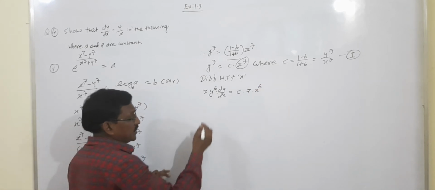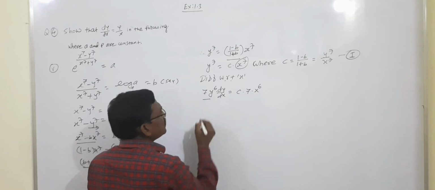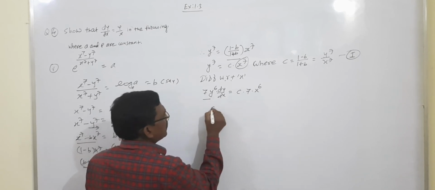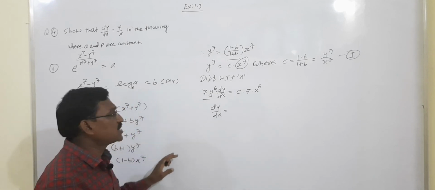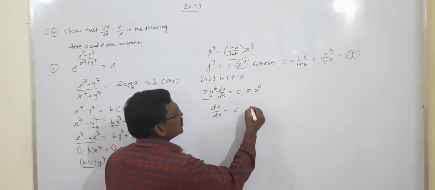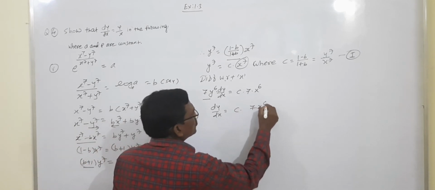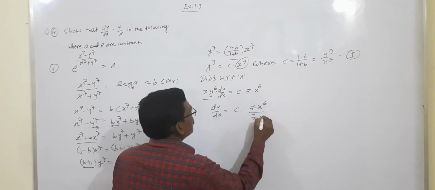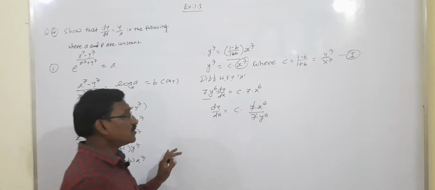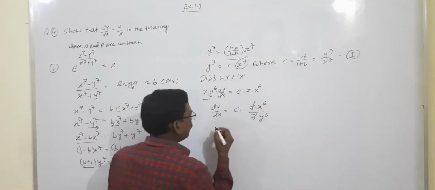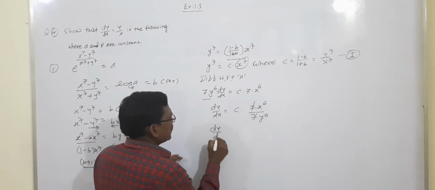Now we take this 7 into y to the power 6 to the right hand side. This dy by dx is equal to constant c into 7 into x to the power 6 divided by 7 into y to the power 6. 7 will get cancelled. Now we put here the value of c from equation 1.